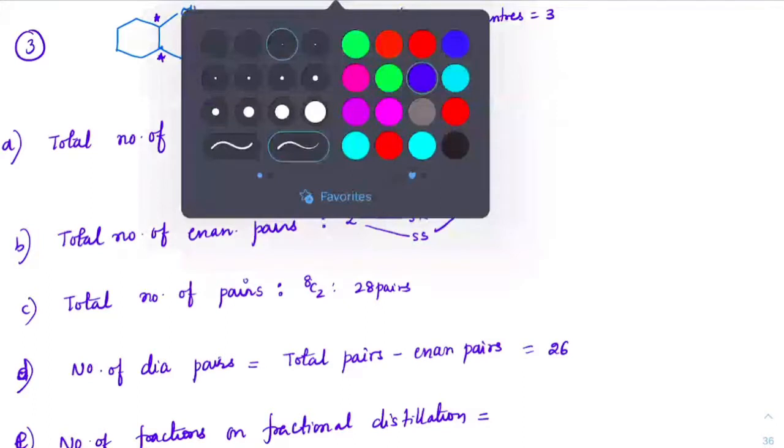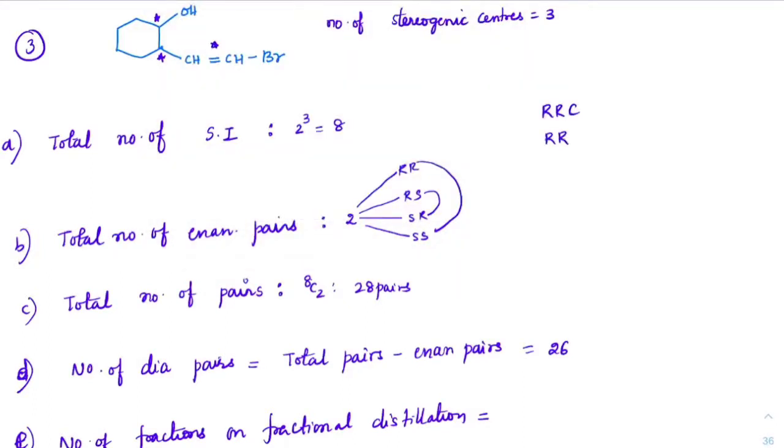Now check this. RR cis, RR trans, RS cis, RS trans, SR cis, SR trans, SS cis, SS trans. Right, beta?